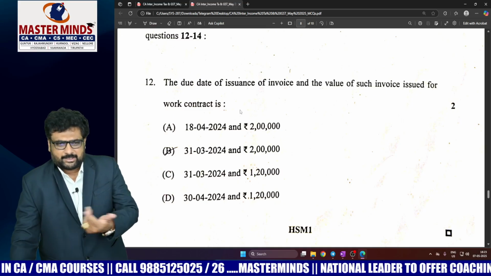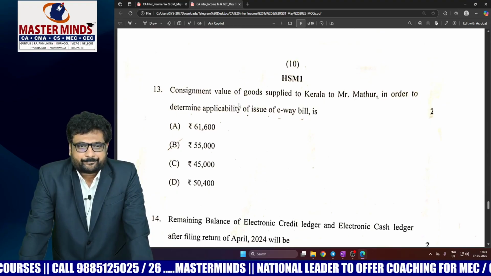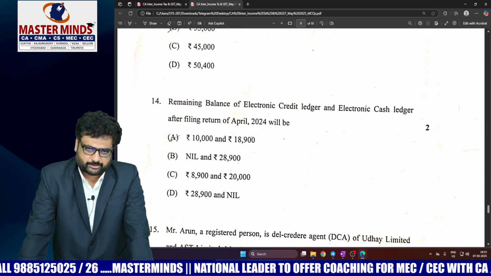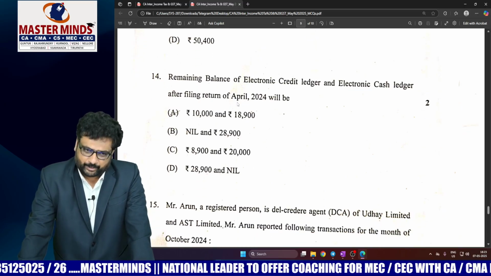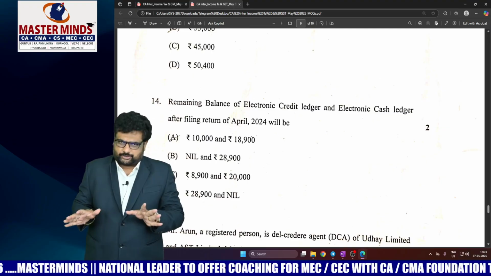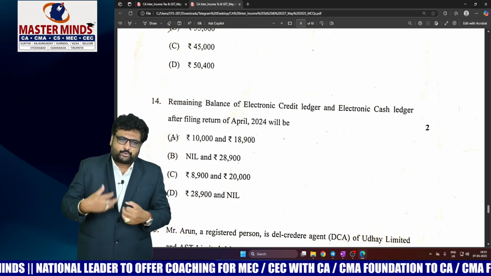Here you need to look at this a little bit, and the e-way based one, that is the tax invoice chapter, and it is again payment of tax. So I think this was a lengthy question. It is not a difficult question, but it will consume more time.